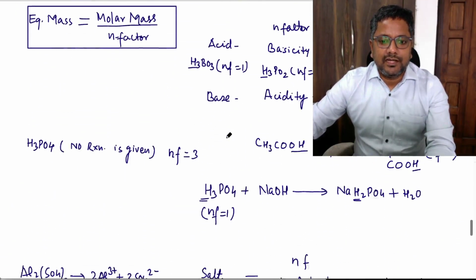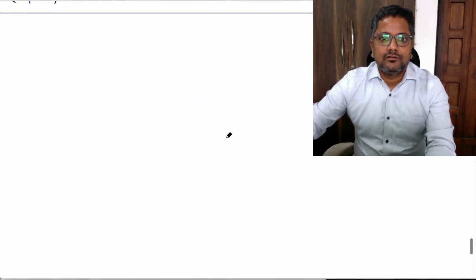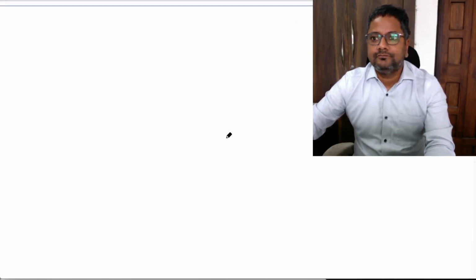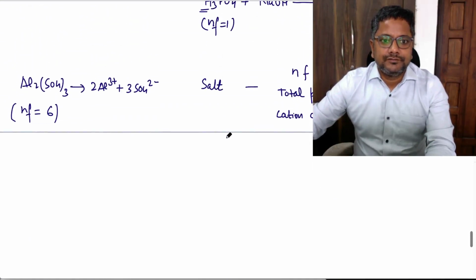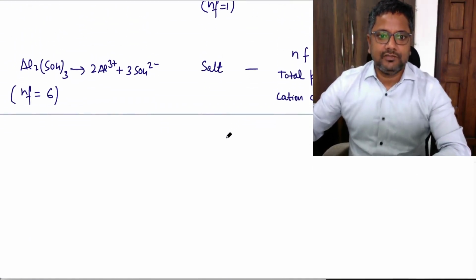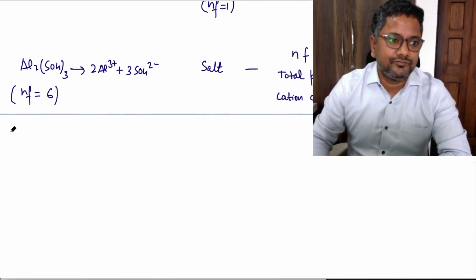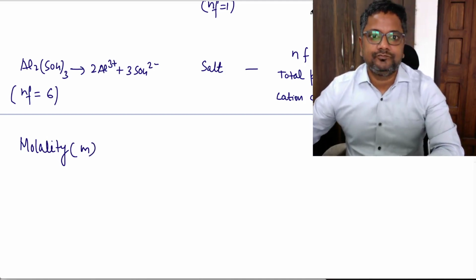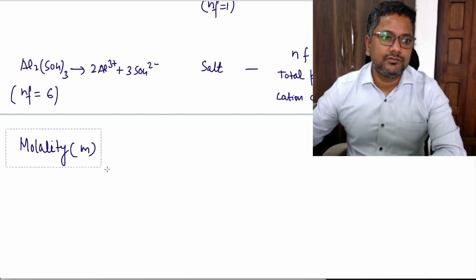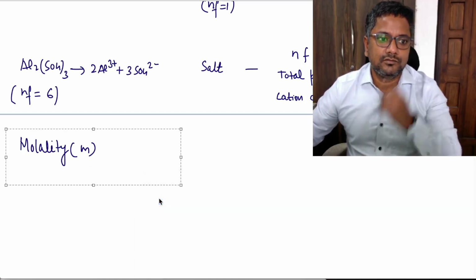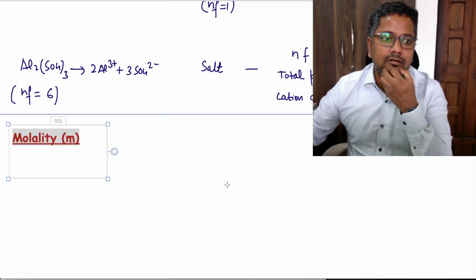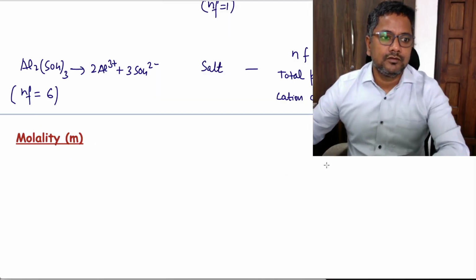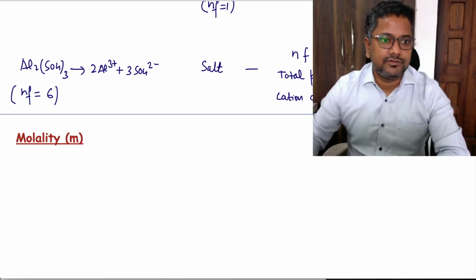So this is normality. Now see the next term, that is molality, represented by small m. First, see the definition.